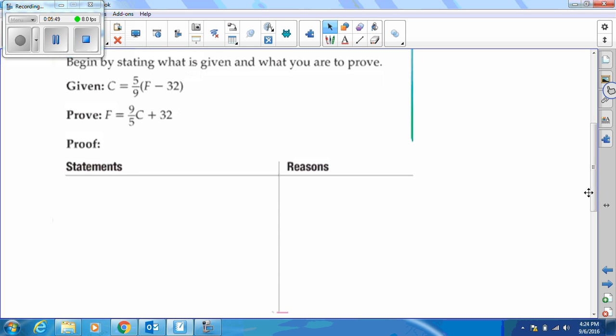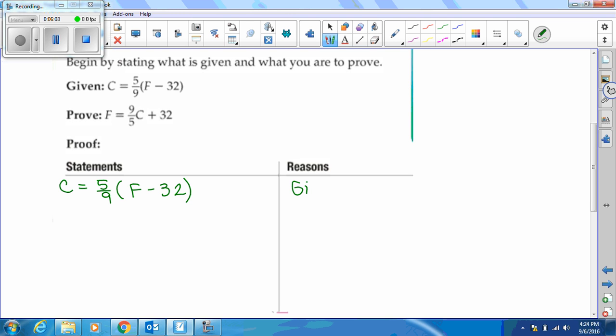So again, you always start with your given. That's going to be our first statement. And the reason is just given. And you are going to number these.